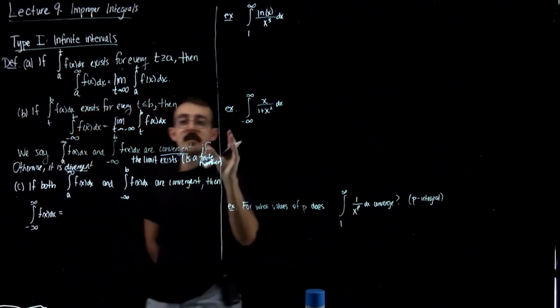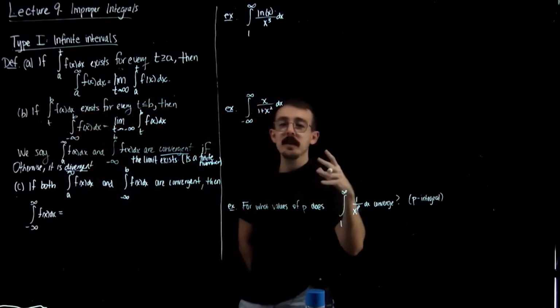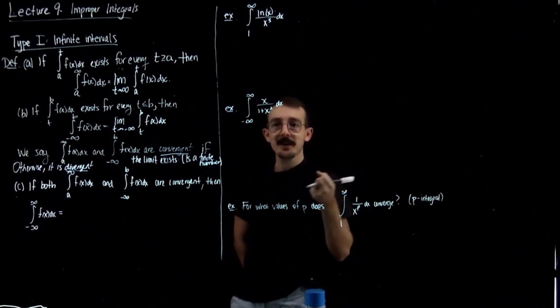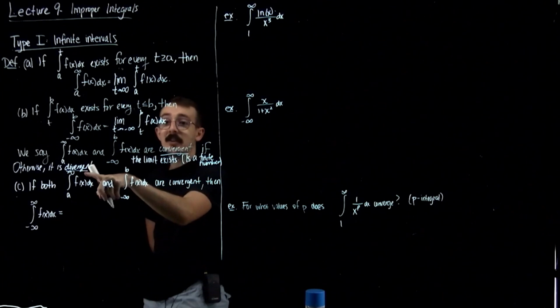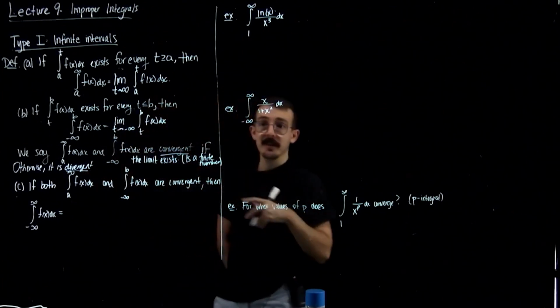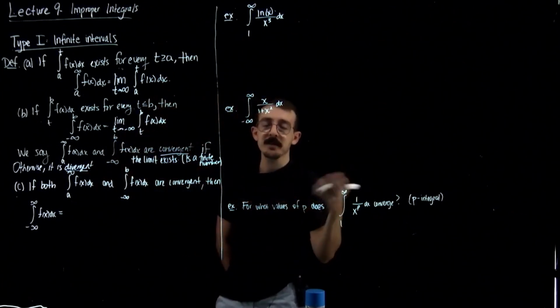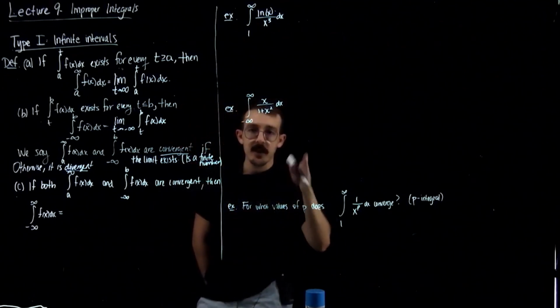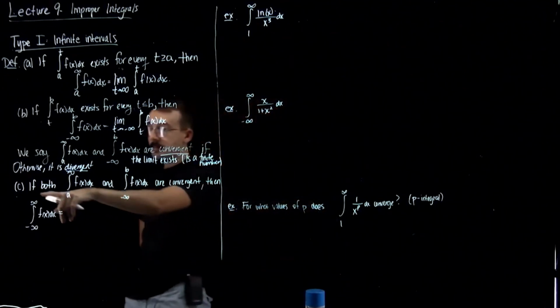So what you need to know is that a convergent integral will be calculated as an existing finite number. And if you have a divergent improper integral, then that means it'll go to some kind of infinity, like plus or minus infinity, or it just won't settle on a particular finite number.